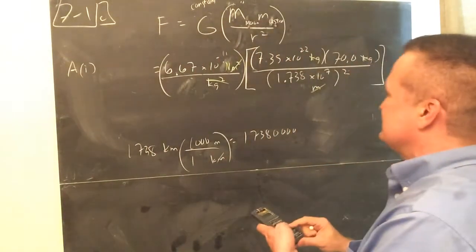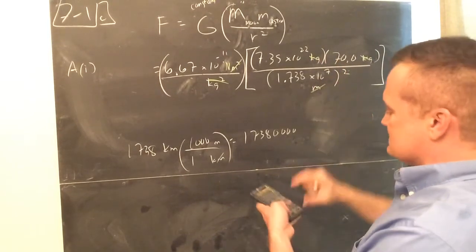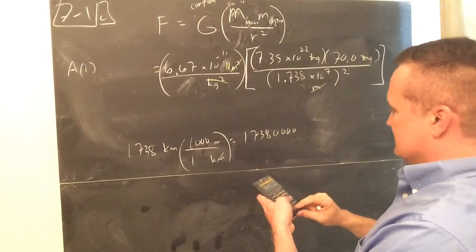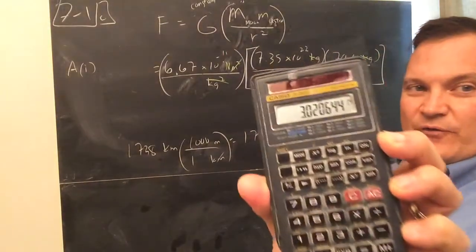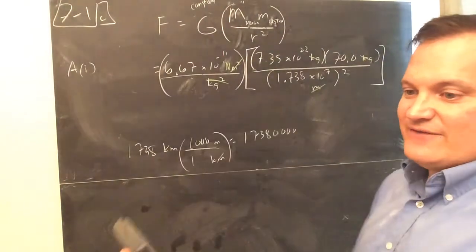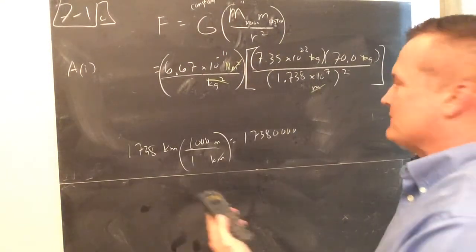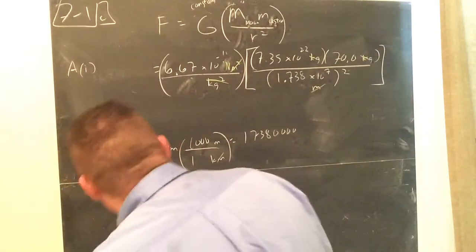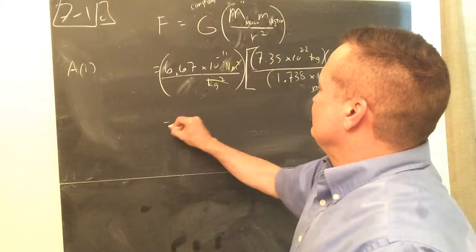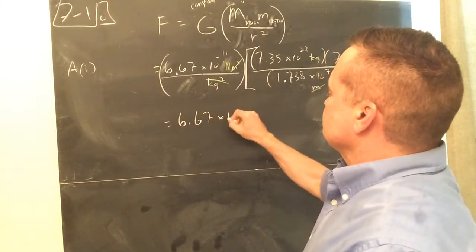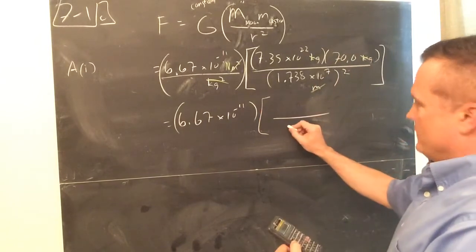I'll do it twice. So first I'm going to square this number. 1.738 times 10 to the 7th times itself. It's 3.05. No, 3.02. Try it again. 3.02 times 10 to the 14th. The math is a little crazy here.